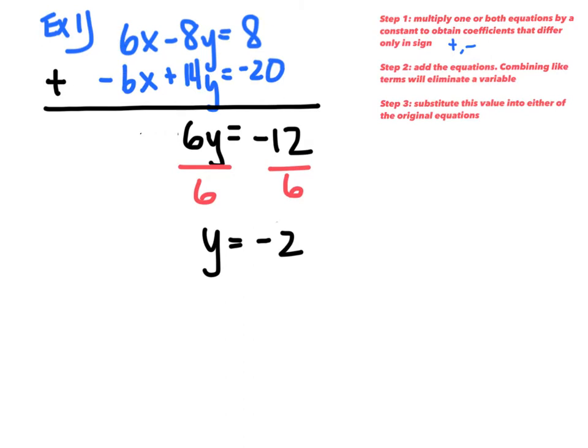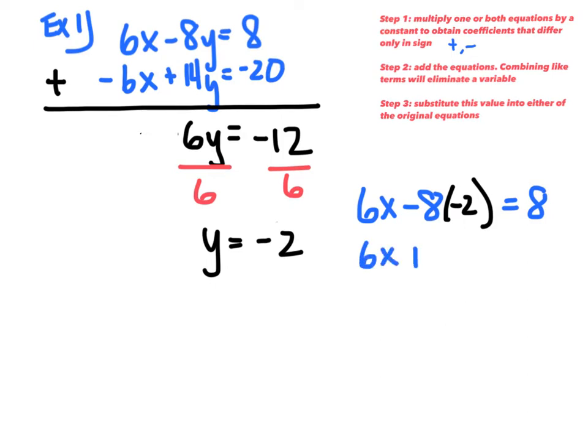So I just go back to my originals and I go, okay, 6x minus 8, now y is negative 2, so times negative 2 equals 8. That's 6x, negative 8 times negative 2 is positive 16 equals 8.